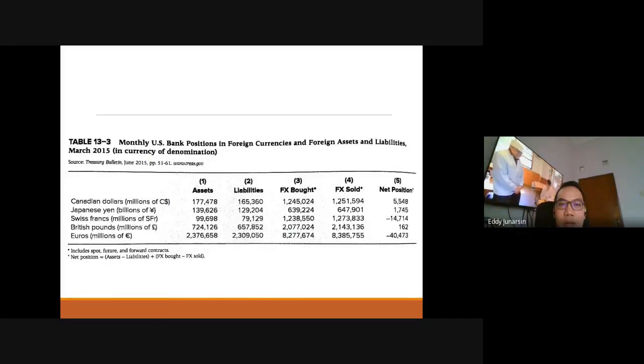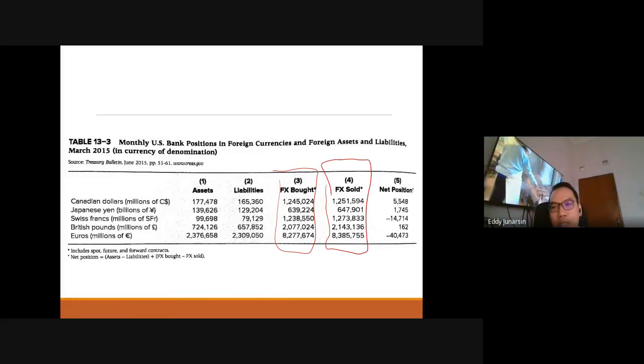Okay, so US bank positions in foreign currencies and foreign assets and liabilities. You see, here's the long position, right? Buying position, and short position or the selling position. So you see the net position. So this is actually the most important figure rather than looking at each item.